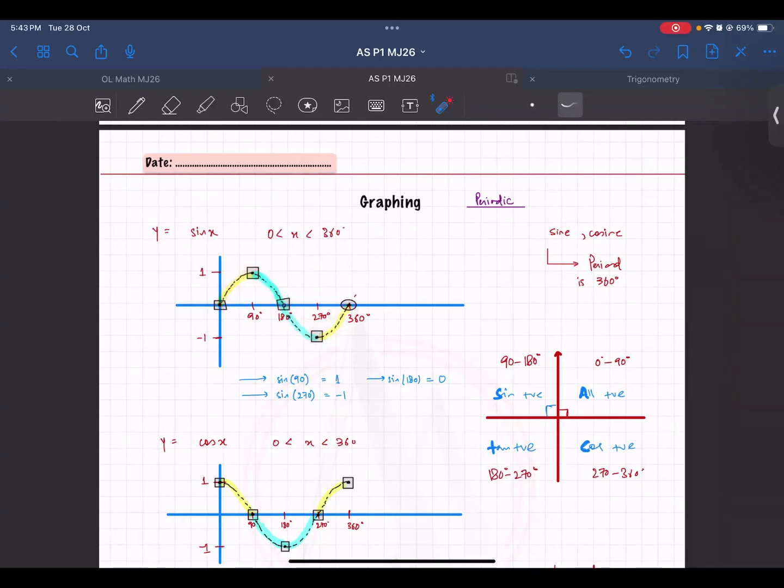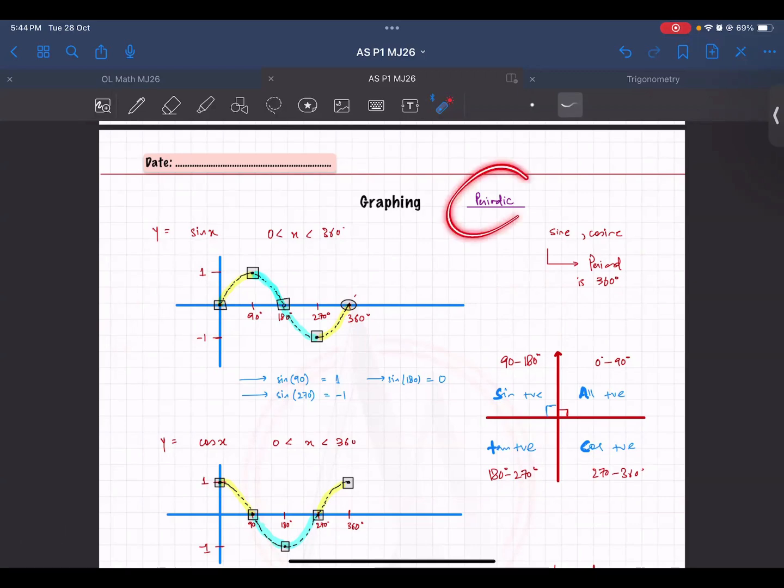And the next part, if you want to continue, it will be the same, like the same sine wave. It will continue. Then again, it will continue. So periodic, it will keep on repeating itself. It is never ending. If you move on to x positive infinity, this graph would move on the same way. Similarly to the negative side as well, it will keep on moving with this shape.